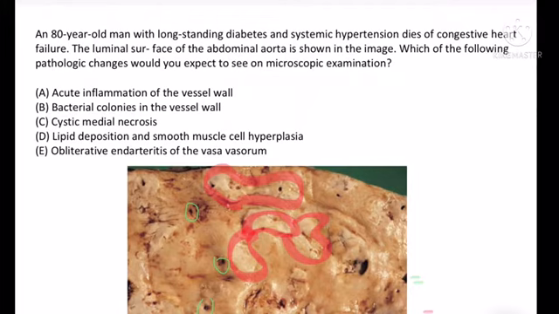If you want to focus here, these black dots that we can see here are nothing but the vasa vasorum. Around the vasa vasorum there is no inflammatory area, so it is not obliterative endarteritis of the vasa vasorum. So our answer is lipid deposition and smooth muscle cell hyperplasia.